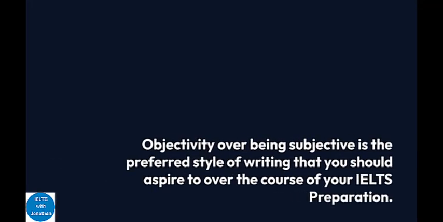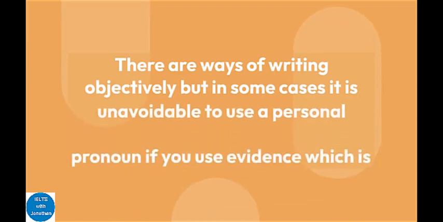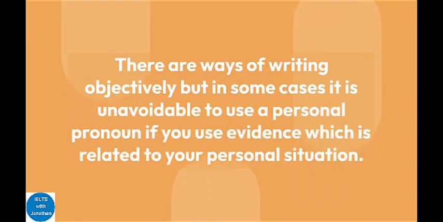Objectivity over being subjective is the preferred style of writing that you should aspire to over the course of your IELTS preparation. There are ways of writing objectively, but in some cases it's unavoidable to use personal pronouns such as I, my, or they, for example, if you use evidence which is related to your personal situation.